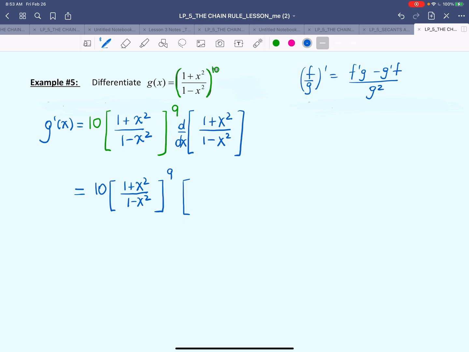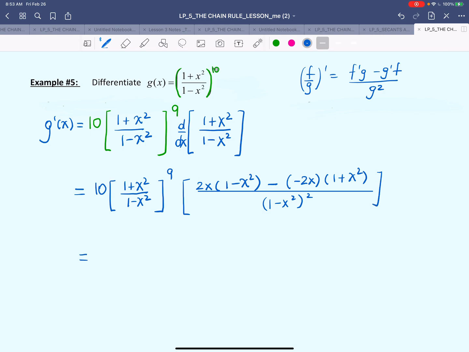So the derivative of numerator 2x multiplied by the denominator 1 minus x squared. Take away. Derivative of the denominator is negative 2x multiplied by the numerator 1 plus x squared. All of this will be to the power of 1 minus x squared to the power of 2.